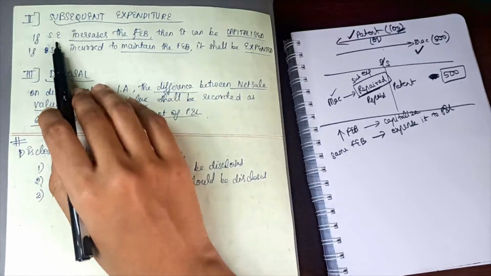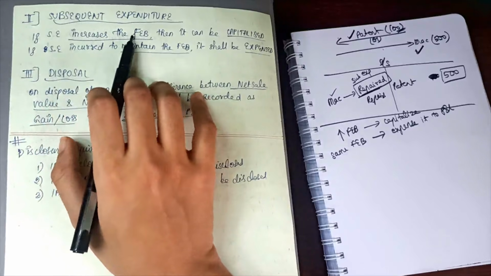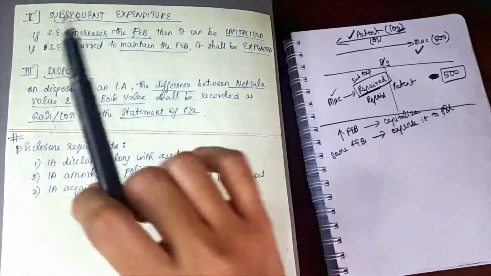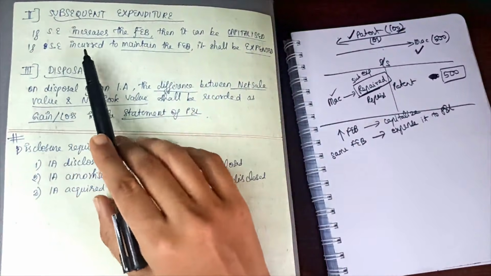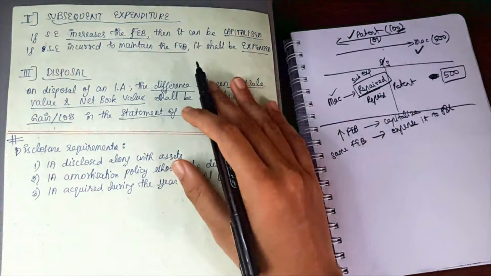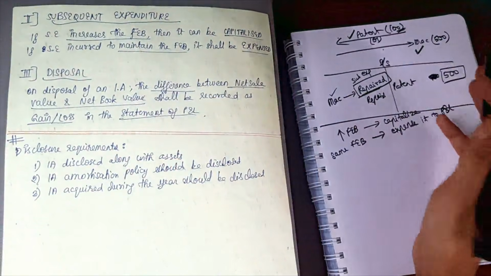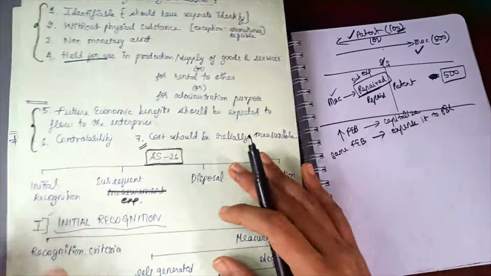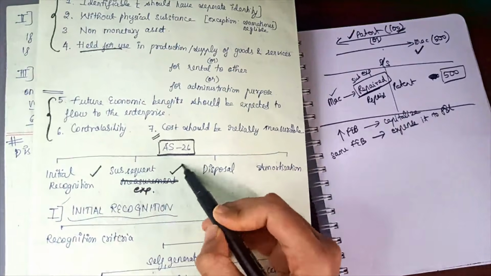If subsequent expenditure increases the future economic benefits, then it should be capitalized. If it is incurred just to maintain the future economic benefit, then it should be expensed.